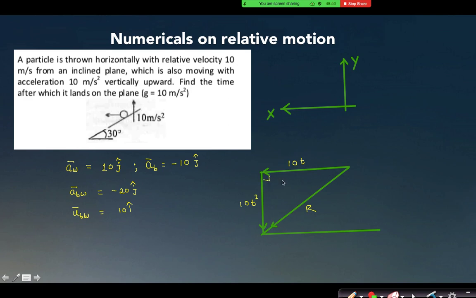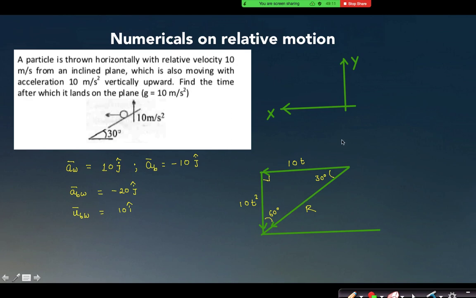This angle is 90 degree, this angle is 30 degree, and this angle is 60 degree, right? So from this triangle it is very easy to understand the value of time and the value of range, that I can also find.